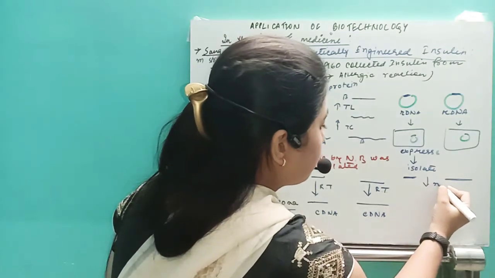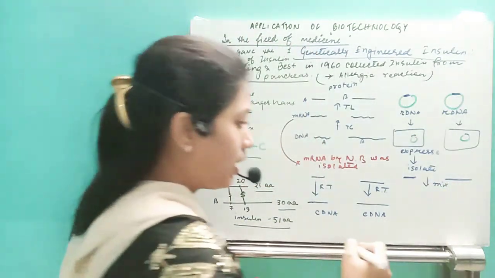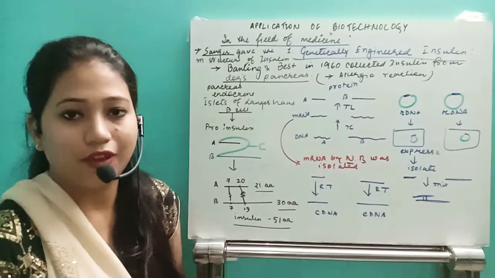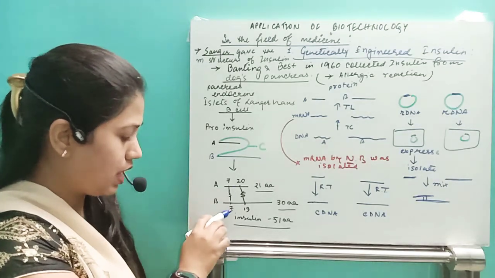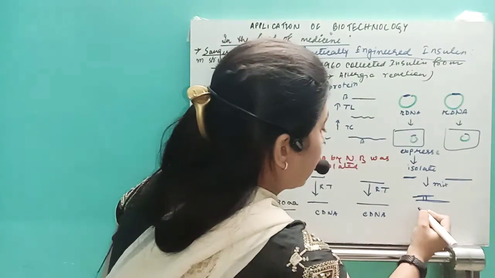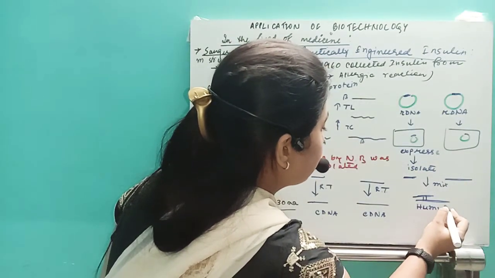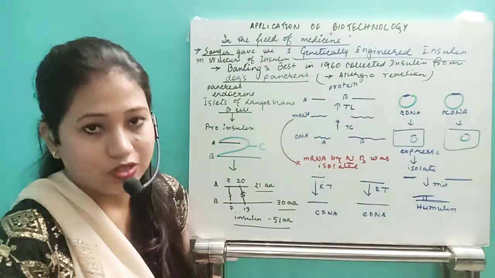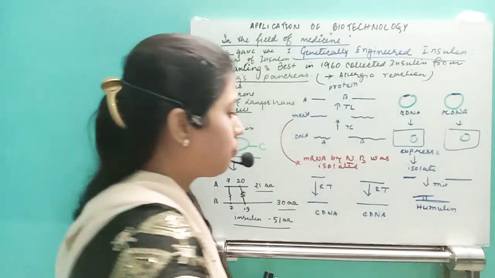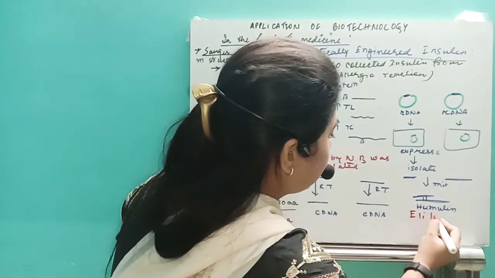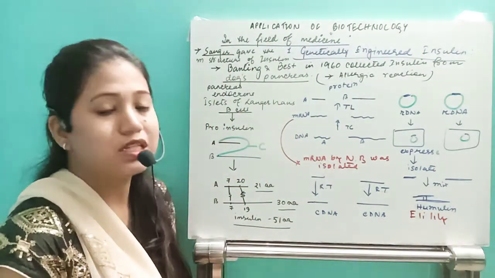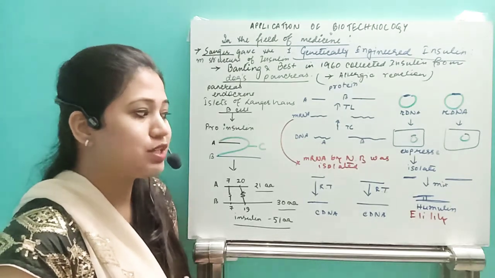They are allowed to mix in certain conditions, and after that we get the disulfide bonds between the 7th, 20th and 7th, 19th amino acids of the A and B chains, and for the first time this insulin, which is known as humulin, was constructed artificially. So the company Eli Lilly, for the first time, remember that, constructed the first genetically engineered insulin, known as humulin.